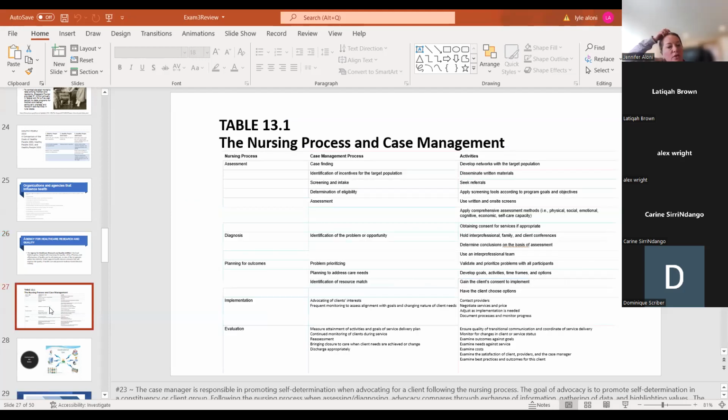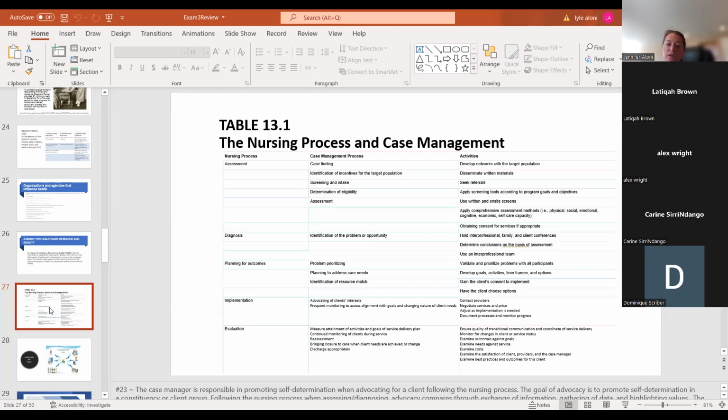All right, here we see the nursing process and case management. So as a case manager, you know you're gonna do your ADPI here. You're gonna look and see what are the cases, what do I need to do? What can I do to help them identify where there's gaps or something missing there? We're gonna make sure that we determine, are they eligible for new services?